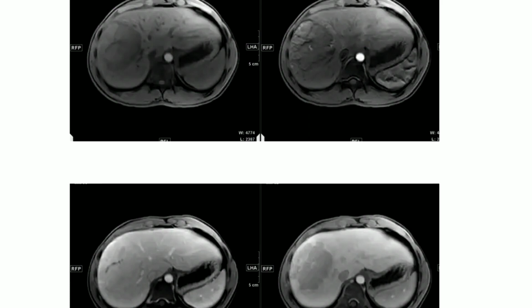Yes, ma'am. So this is dry, without contrast. And this one is arterial, as we can see here, the zebra pattern of enhancement in the spleen. This is the portovenous phase, and this is the delayed phase.